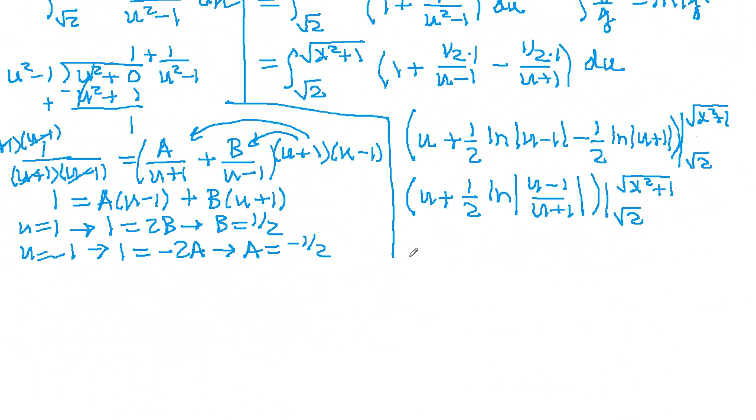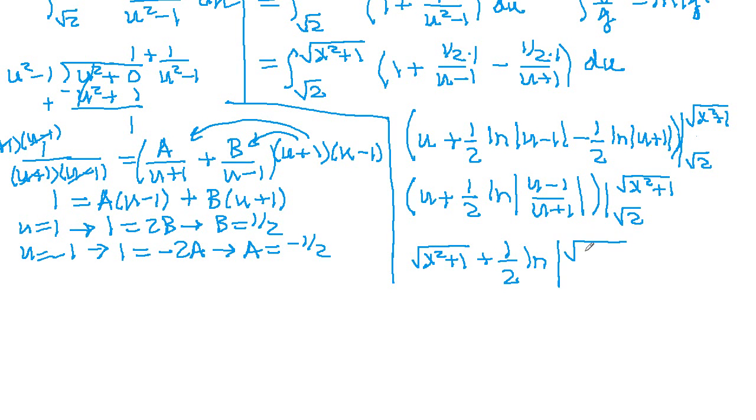So now we're just plugging in. So we get root 2, root x squared plus 1 in for u there, plus 1/2 natural log, and then root x squared plus 1 in both places there.